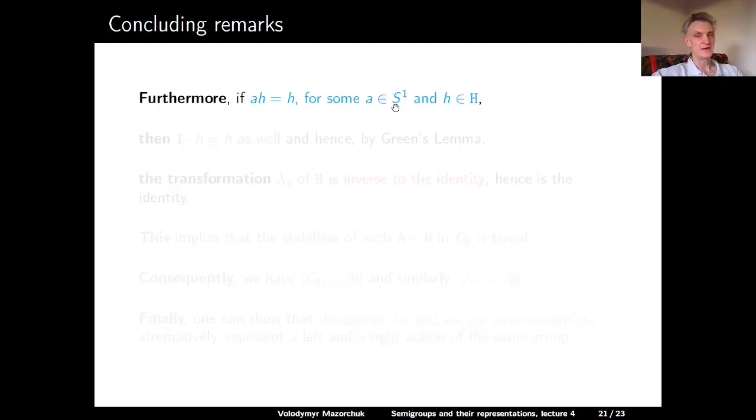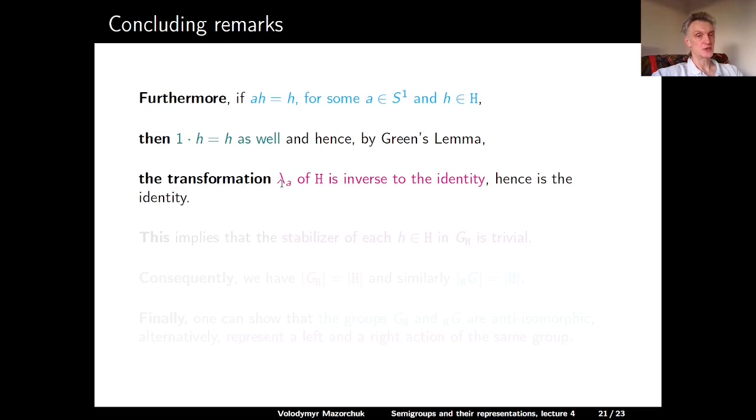Moreover, if we have an element little h in our H class and an element a in S upper 1 such that ah is equal to h, then also 1 times h is equal to h, and hence, by Green's lemma, the transformation of left multiplication with a on H is inverse to the transformation of left multiplication with 1, so with the identity.